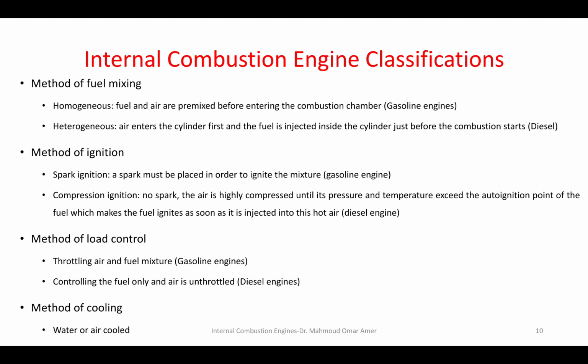What is the method of fuel mixing? We have two main methods: homogeneous mixing and heterogeneous mixing. Which one is used for the gasoline engine? Homogeneous mixing is used for the gasoline engine, and heterogeneous is used for the diesel engine.